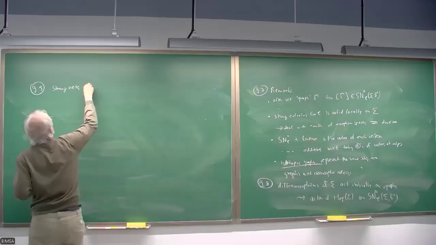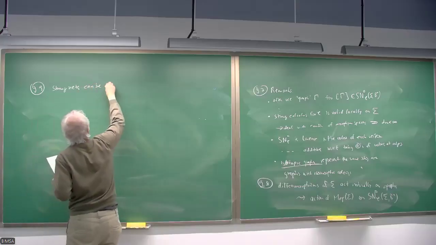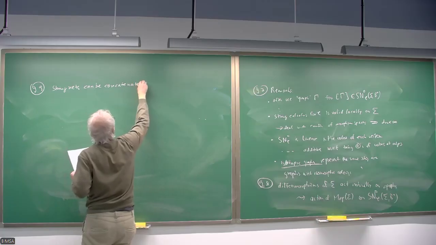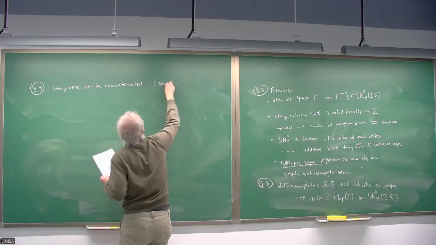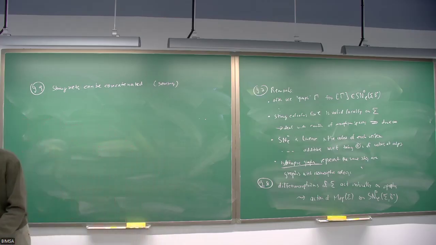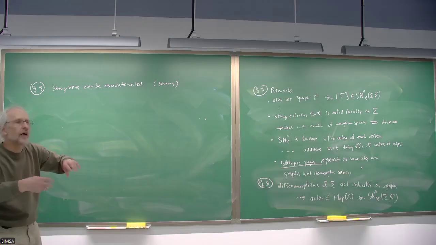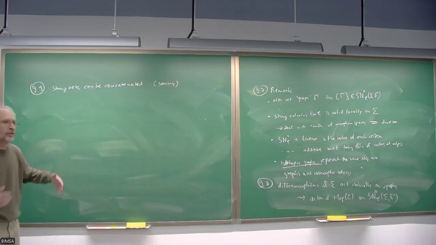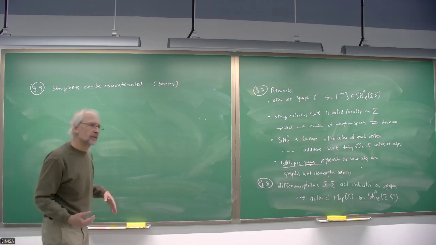String nets can be concatenated via sewing. And I don't write anything about that in detail except for some notation. Just like when sewing surfaces, when you have graphs with matching boundary values, you just take the graphs together.